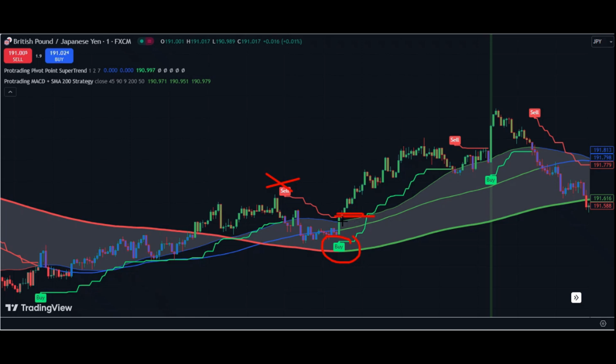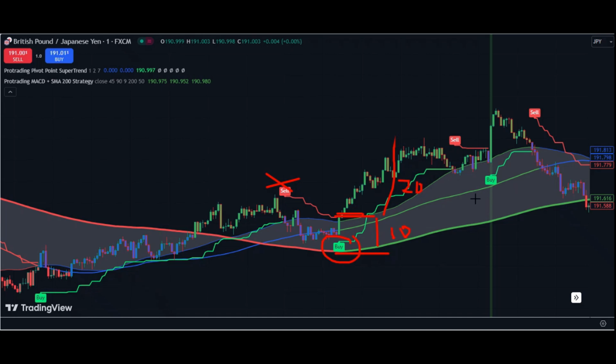Once this candle breaks the horizontal line, it will trigger your trade. Your stop should be below this 200-day moving average, and if your risk here is 10 pips, your take profit here should be 20 pips.